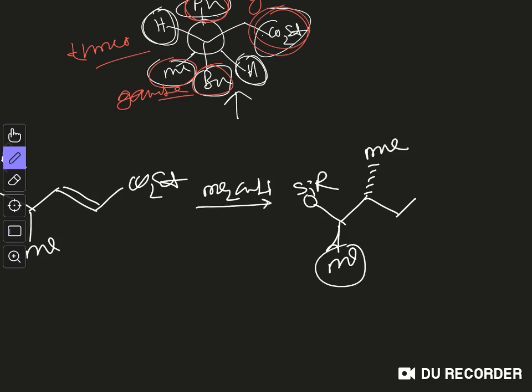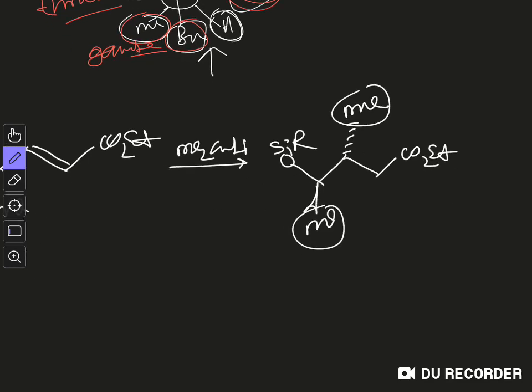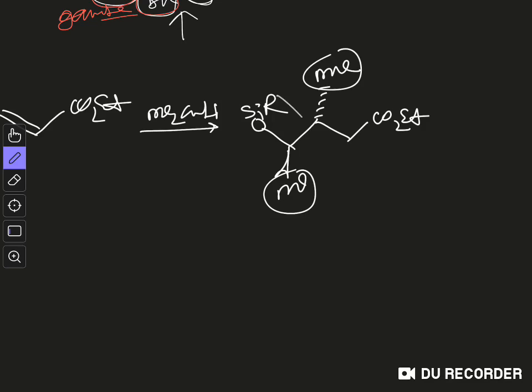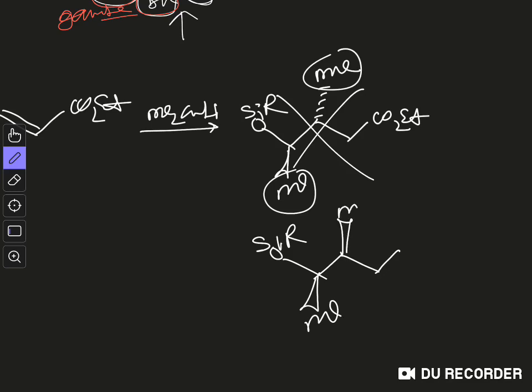So this methyl and the incoming methyl, we should expect them to be trans to one another or anti to one another, but this is not the product. In this case the product is totally different, and we get a product like this, SiR. We have methyl over here, but now this is also above the plane, and this methyl group and this methyl group are syn to one another.